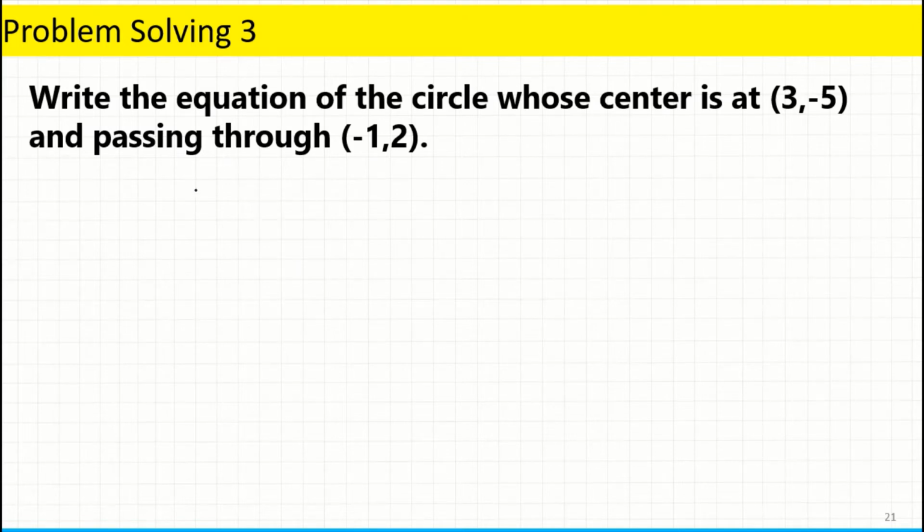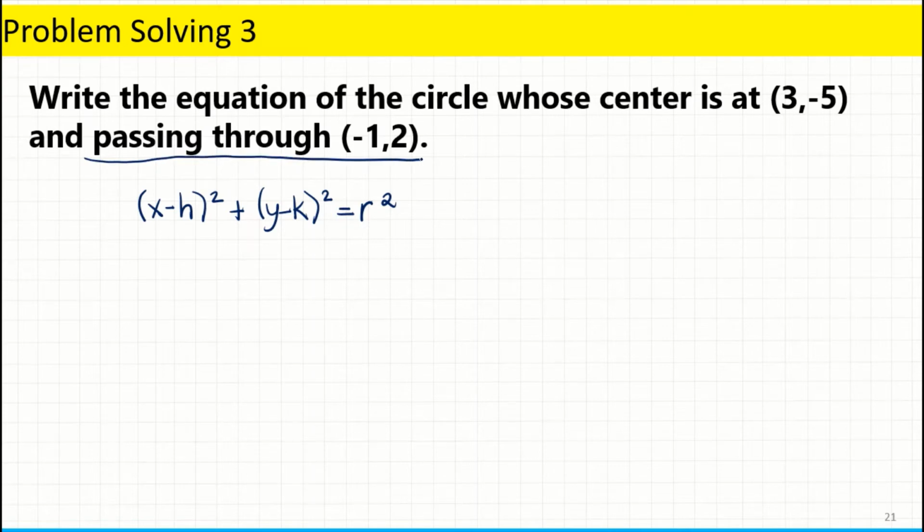Here we will use the equation quantity x minus h squared plus quantity y minus k squared is equal to r squared. When we say passing through, it means that when we draw the circle, the point negative 1, positive 2 is on the circle itself. The point negative 1 and positive 2 is part of the circle. So, for example, here is negative 1, positive 2.